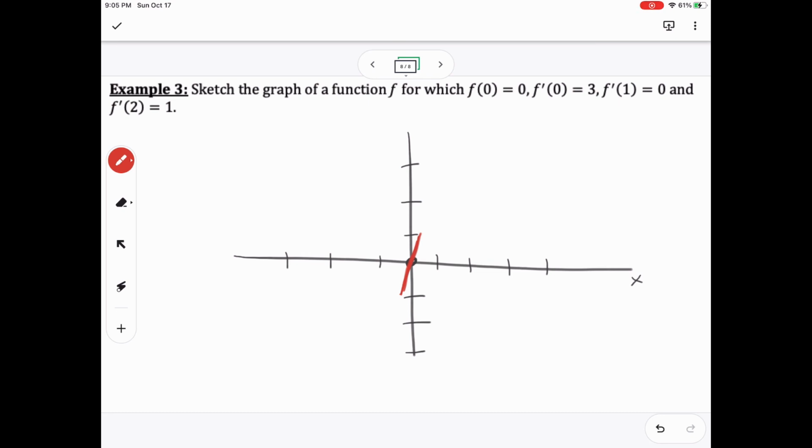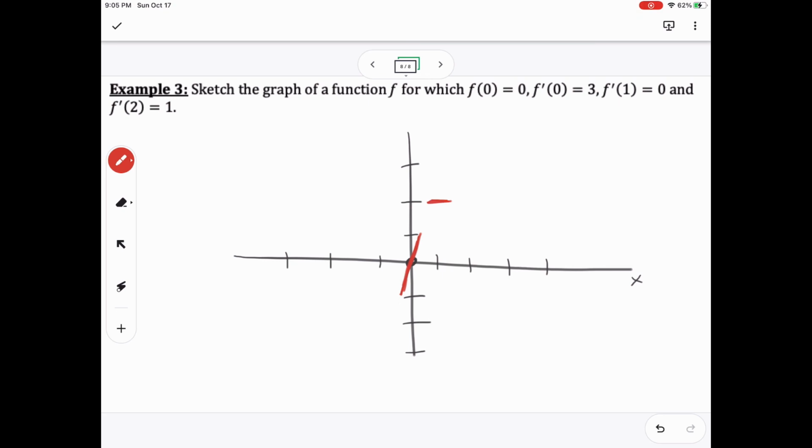At f of 1, it needs to be 0. Now, I could put it up there at 3, or I can move it down. Notice that they don't tell you what your actual value needs to be, so I can put it anywhere. So I'm actually going to put it at 2, because it'll be a little easier for me to get from a slope of 3 to a slope of 0. So f prime of 1 is 0.